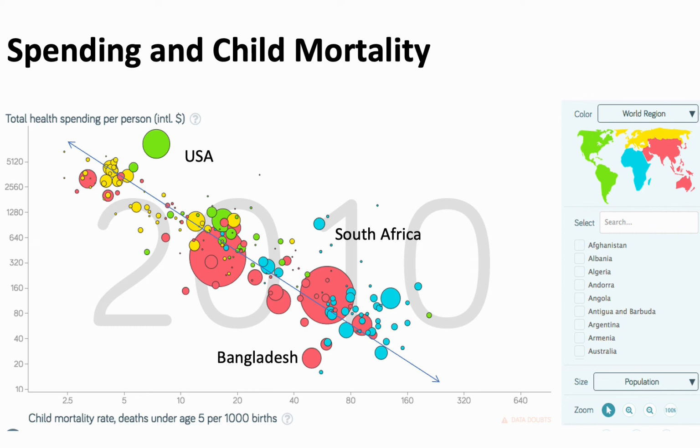And if you have a look at it, this is a log scale, because that is what tends to happen with spending. Very often, if you're looking at spending, you're going to want to use a log scale to make the patterns easier to see. And then we've added a line through there to highlight that for the vast majority of countries, the amount that they spend is very linearly linked with the child mortality, deaths under 5.